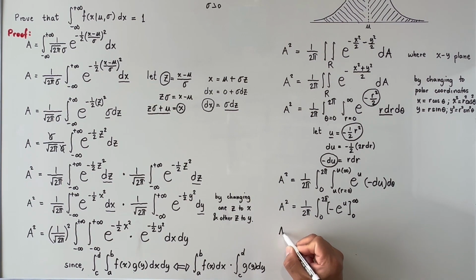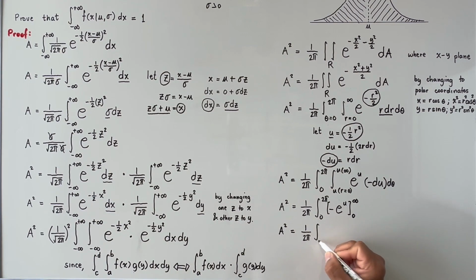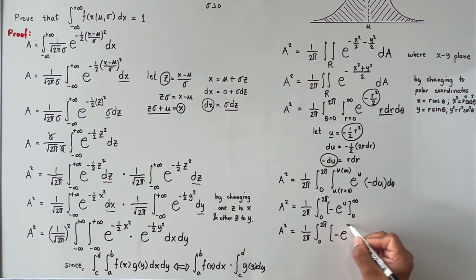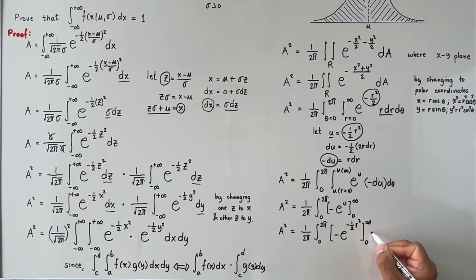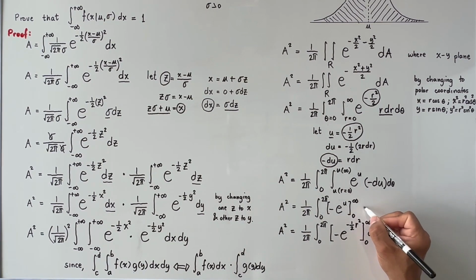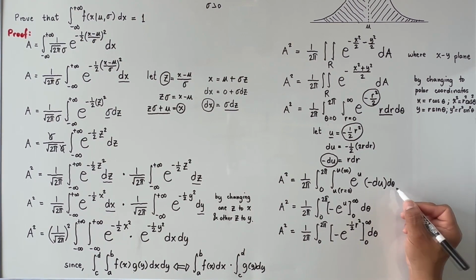So, substituting back the representation, we have 1 over 2 pi of the integral from 0 to 2 pi of negative e to the power of negative 1/2 r squared from 0 to infinity d theta. So I forgot here to write the d theta of this one here.